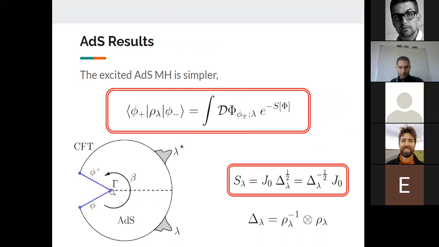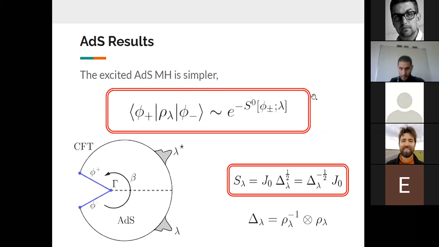So for this computation, there are three boundary data: the phi plus, the phi minus, which are the mouths of the Pac-Man, and then you have this boundary information, which has to do with the excitation, where you put the lambda information. So from now we'll deal with this computation and try to see what we can find, mostly in the large N approximation, where this becomes just an on-shell action.